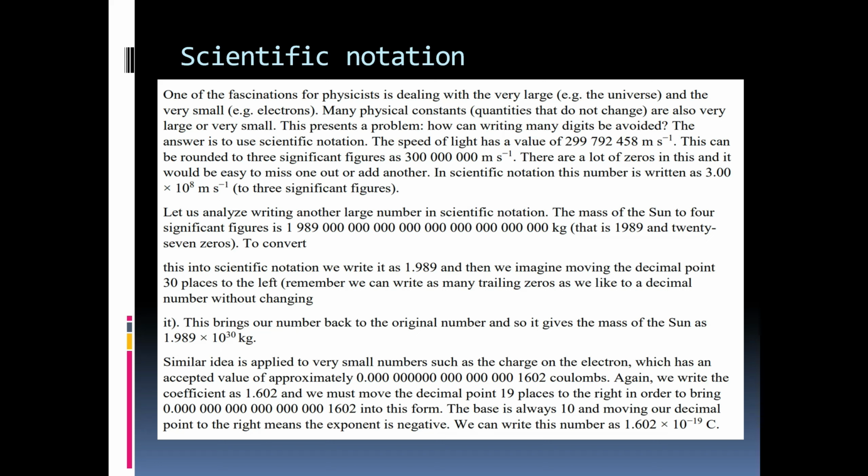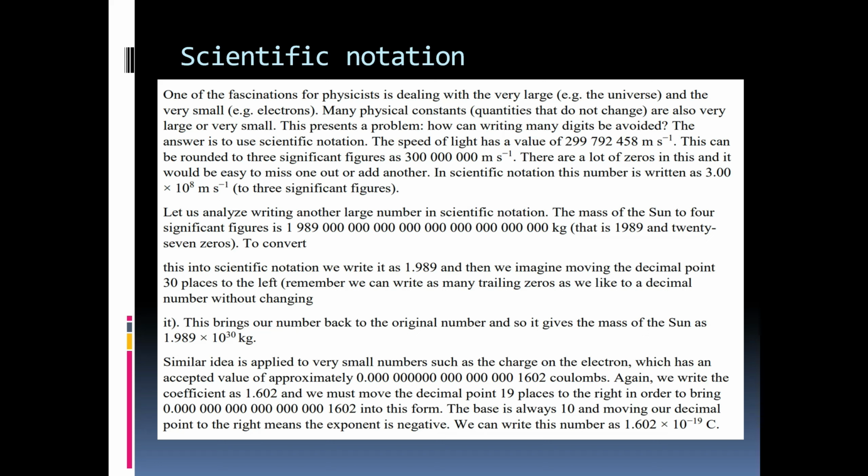And also very small numbers, for example elementary particles such as the electron. Many physical constants are also very large or very small, and therefore we face certain problems in measuring physical quantities related to these things.